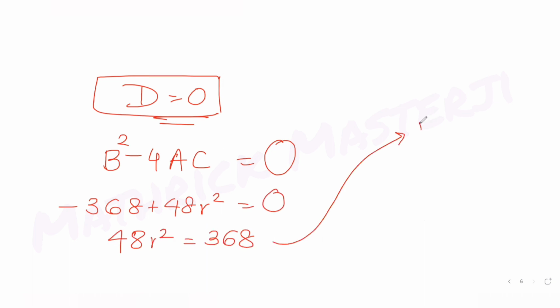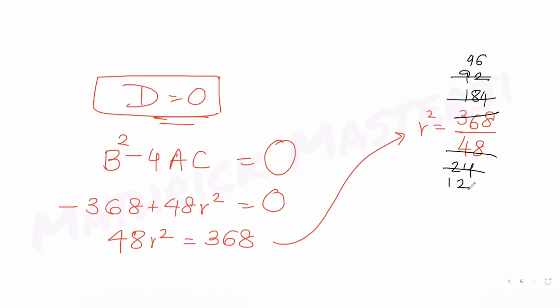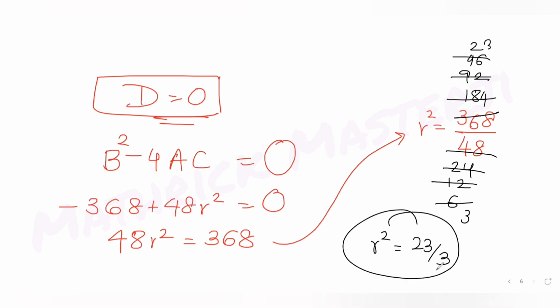Further, if you try to solve it, you get r square as 368 over 48. So if I cancel it out, I get 184 over 24, 92 over 12, 46 over 6, 23 over 3. So you get r square as 23 over 3.